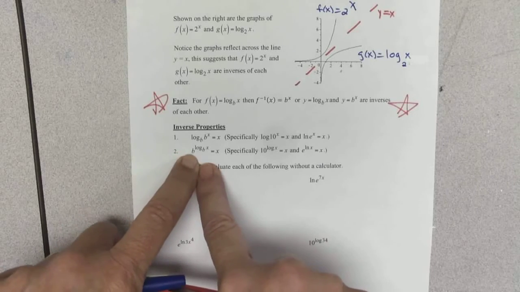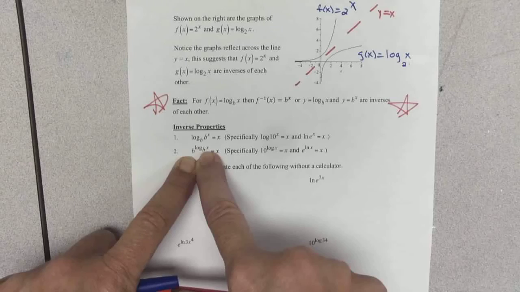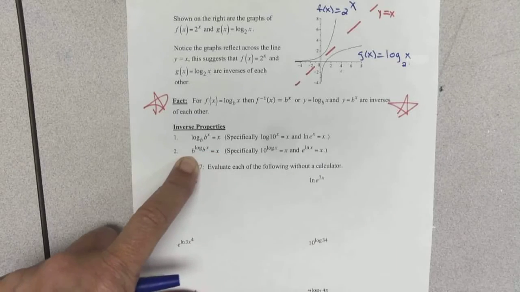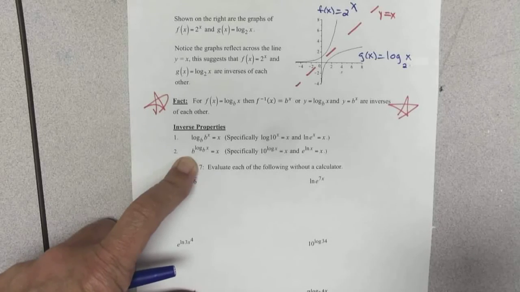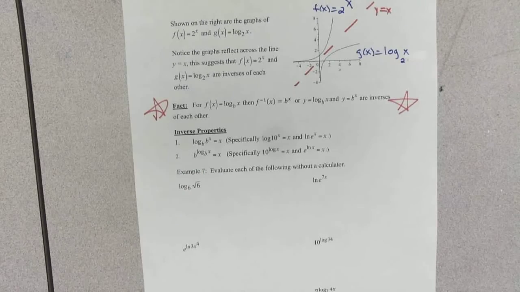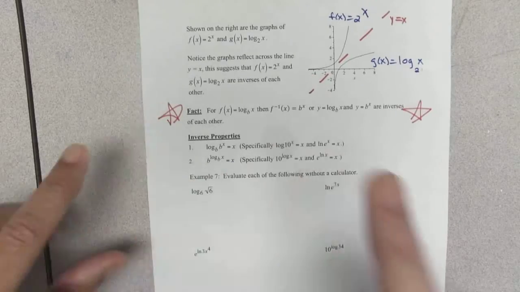Same thing here. Here's an exponential, base b, and a logarithm, base b. They are composed. One is inside the other. Because they're inverses, they have to cancel or undo each other, and we get x.